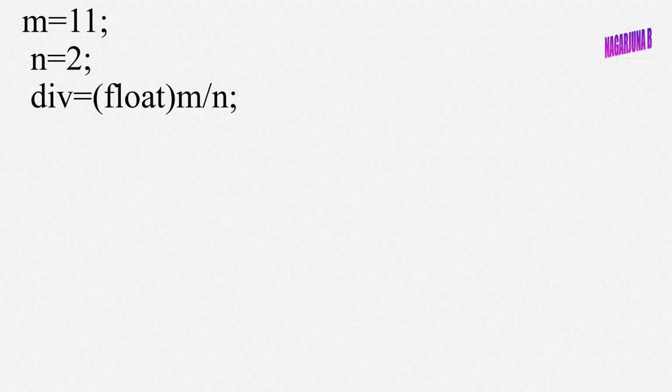Since m and n are of type integer, but the value which we are getting is of type float, for that purpose we need to perform the explicit conversion from int to float. For that purpose we have to write div = (float) m / n; Then next I need to display the value of the division.